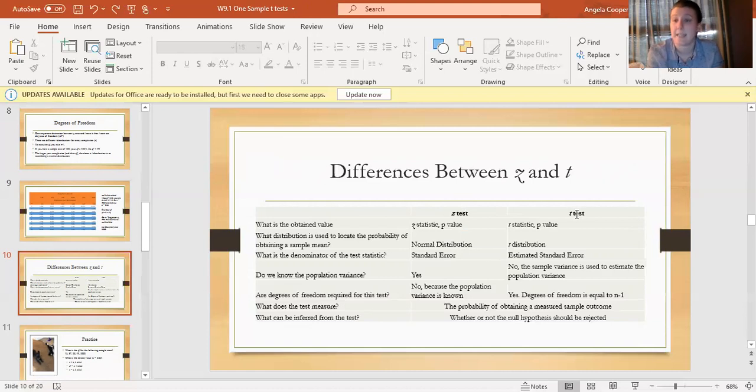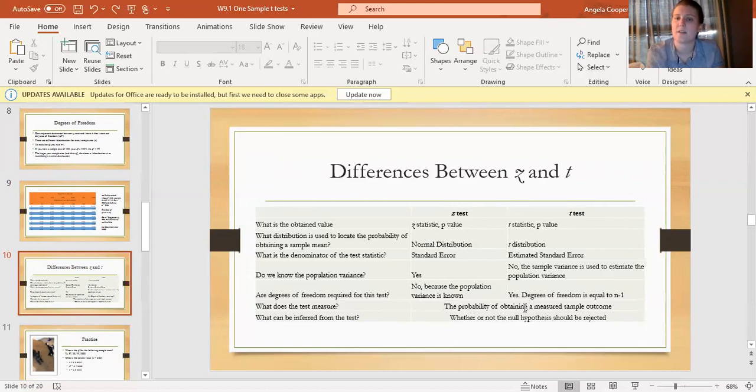The distribution that T tests use is the T distribution. The denominator that we divide our test statistic by, for Z tests, is the standard error. For T tests, since we're dealing with samples, it's the estimated standard error. We do know the population variance or standard deviation for Z tests. We do not for T tests. Degrees of freedom does not matter for Z tests, but it does for T tests.